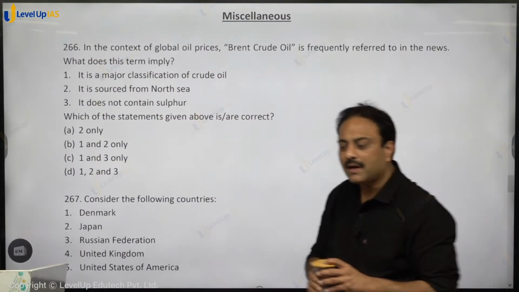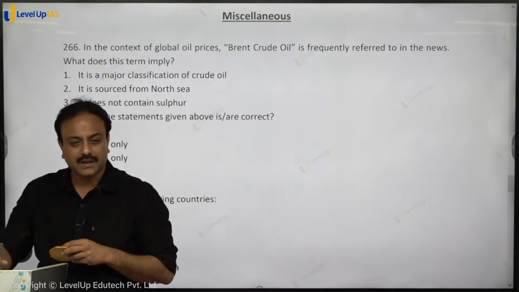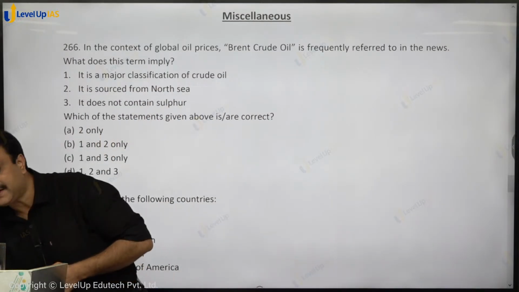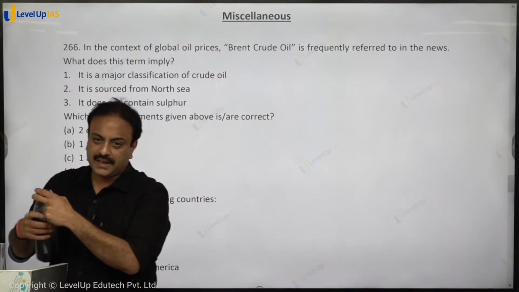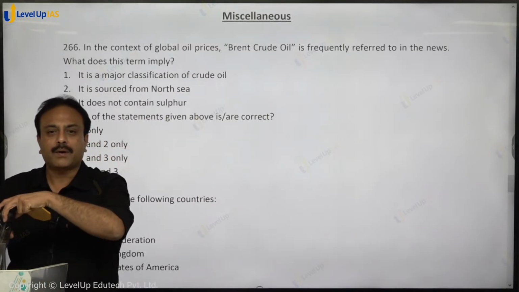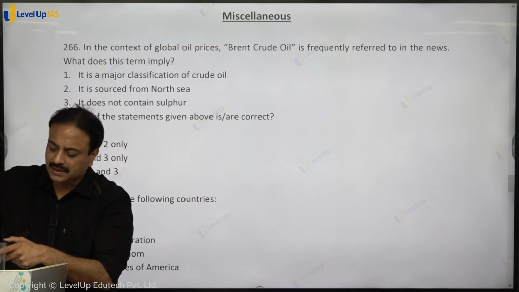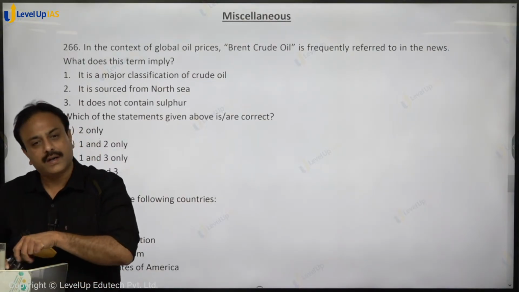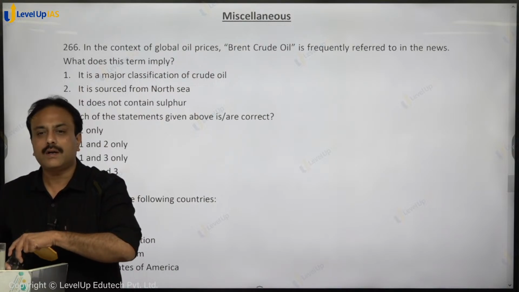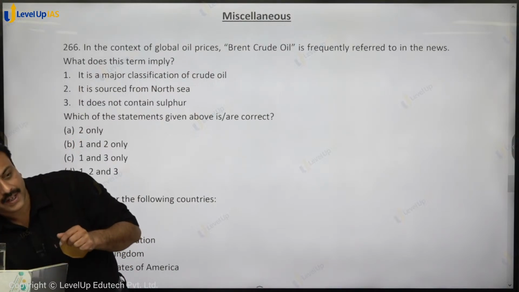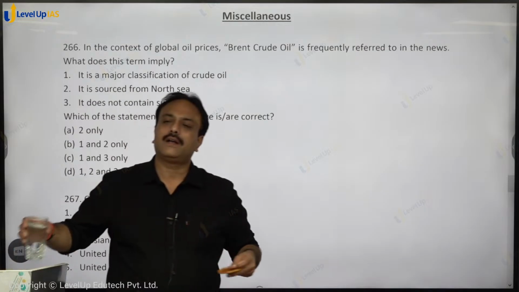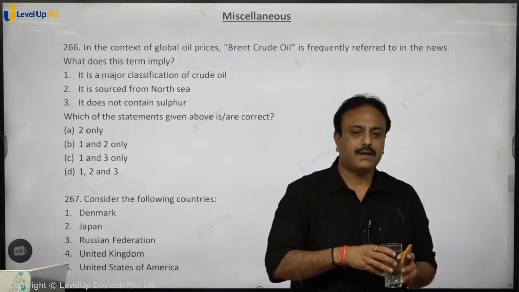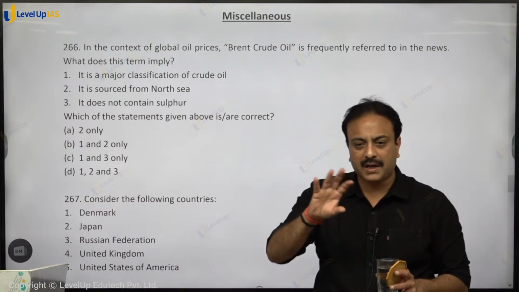With this we come to the end of our section on agriculture. The PYQs on agriculture have been completed. We have completed the PYQs for the last 14 years on physical geography of India, on Indian geography, on maps of India and on agriculture of India, and 2 or 3 or 4 questions have been left out.